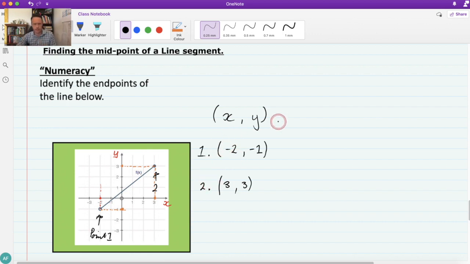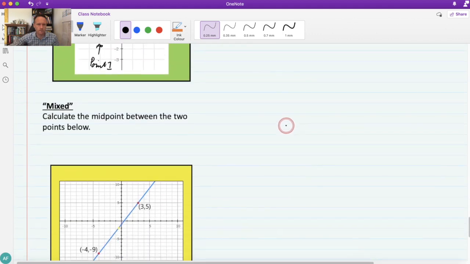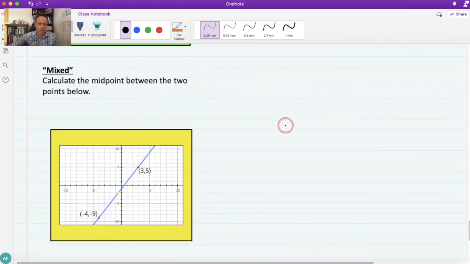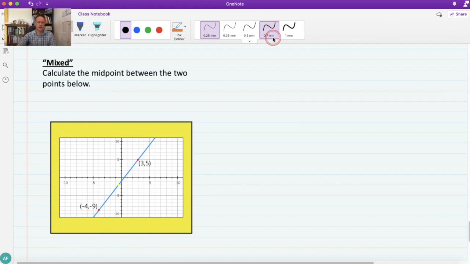Now we'll scroll down and take a look at what that takes. To calculate the midpoint between the 2 points, we just have to think about it in two halves, or 2 steps.